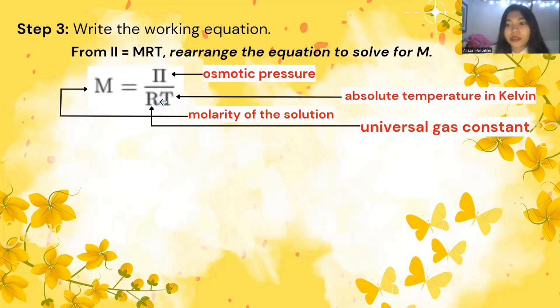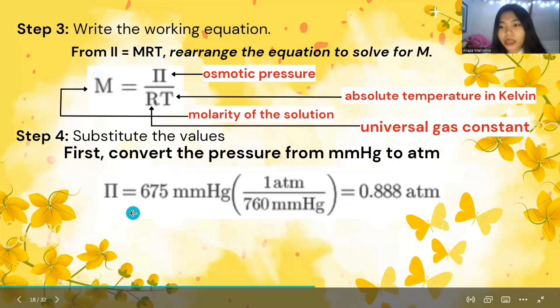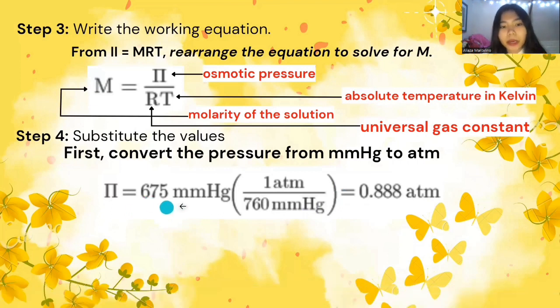Next step is step 4. Substitute the values. First, convert the pressure from mmHg to atm, like this. So, osmotic pressure equals 675 mmHg times 1 atm divided by 760 mmHg equals 0.888 atm.